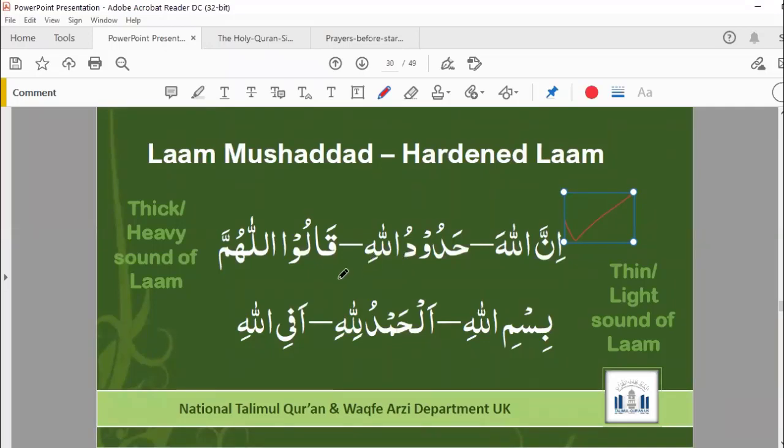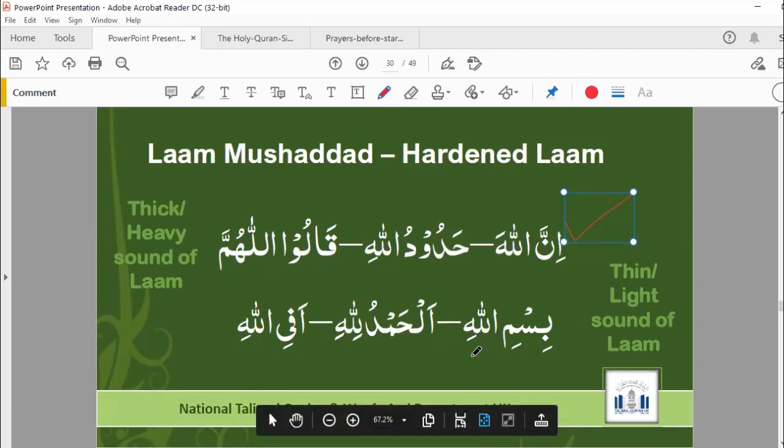This is an example of thick lam. Then this one, Qalallahumma. What all these examples are telling us is that Lam Jalala is applicable when we are calling Allah's name.